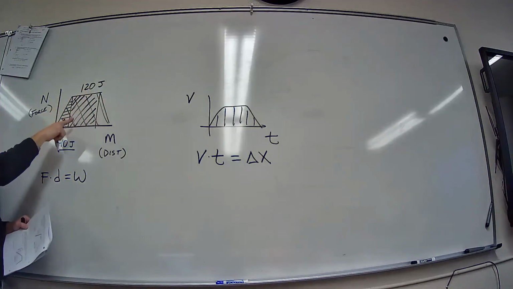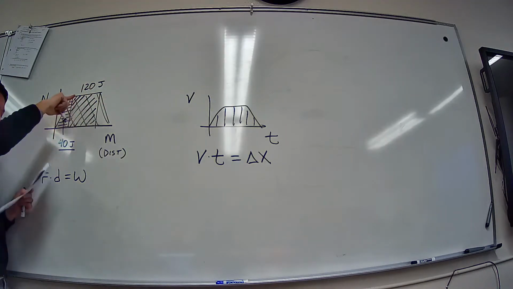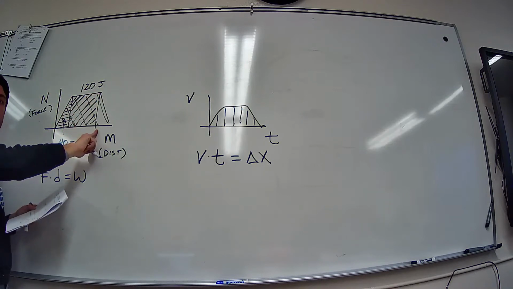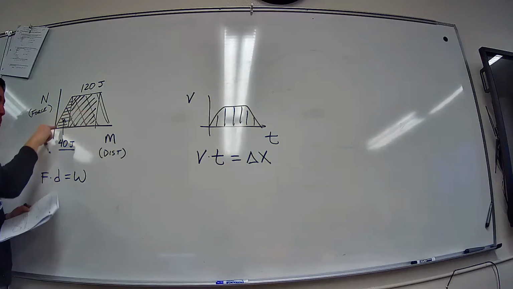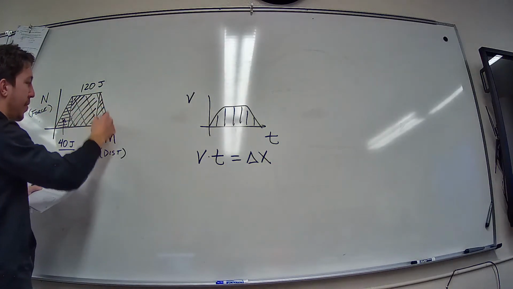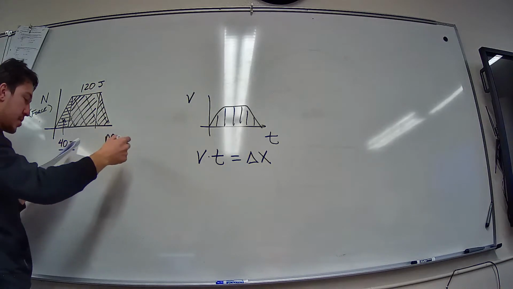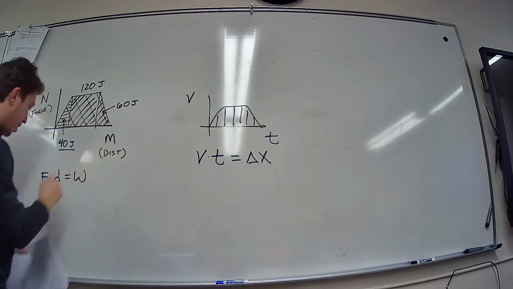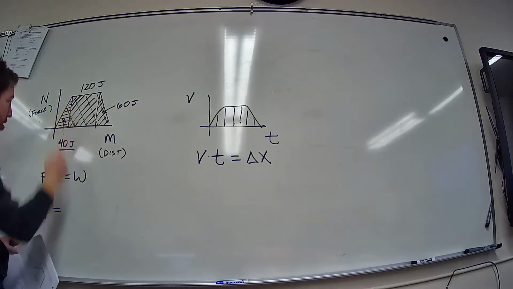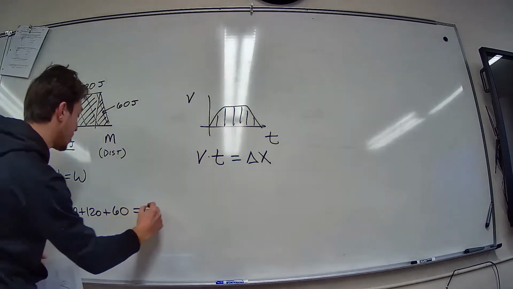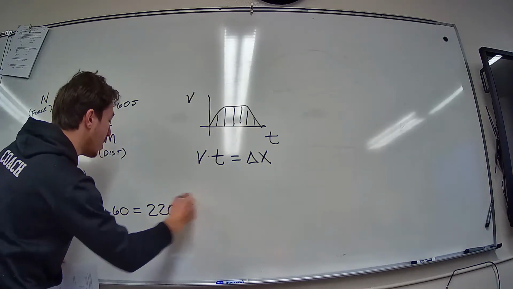You can see why it's 3 times bigger: that was a 40 newton force sustained over 3 meters of distance, a lot more work than the initial 2 meters. And then at the end, we let off a bit, and that's 60 joules. So the total work is the area under the curve: 40 plus 120 plus 60, that's 220 joules of work.